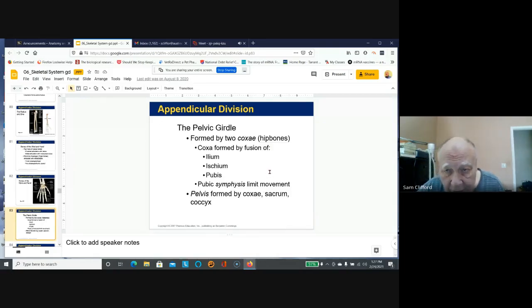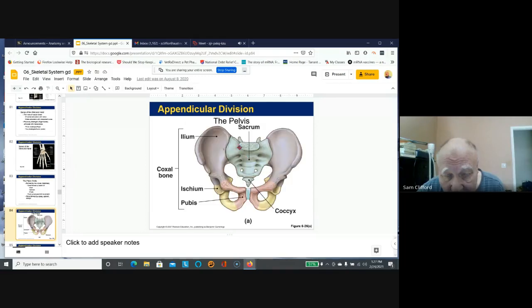The pelvic girdle is formed by two hip bones. You should know in general the structure of the pelvis. It articulates with the sacrum. Then you have the ilium, ischium, and pubis, and this is the pubic symphysis. So two coxal bones form your hip structure.